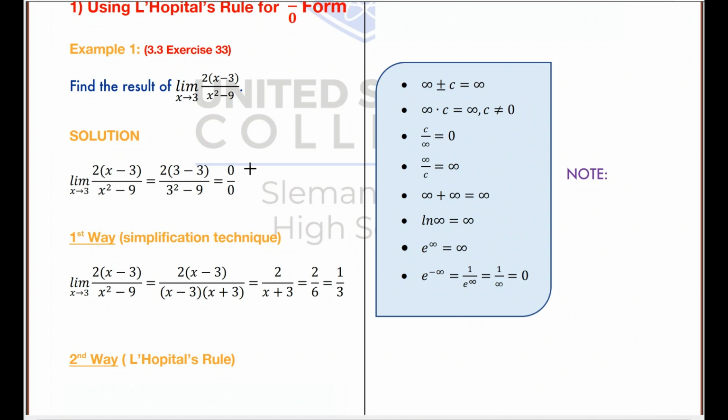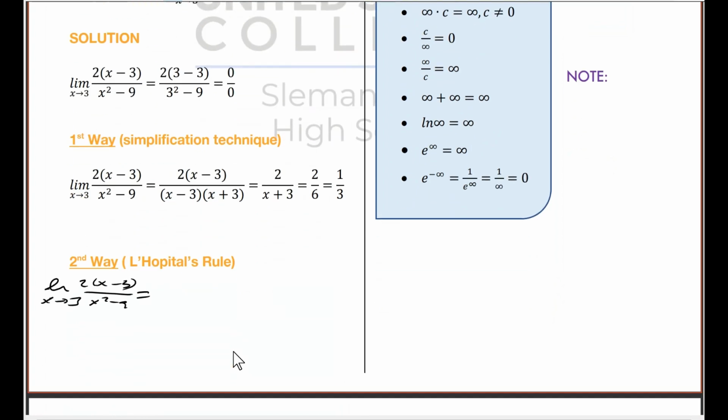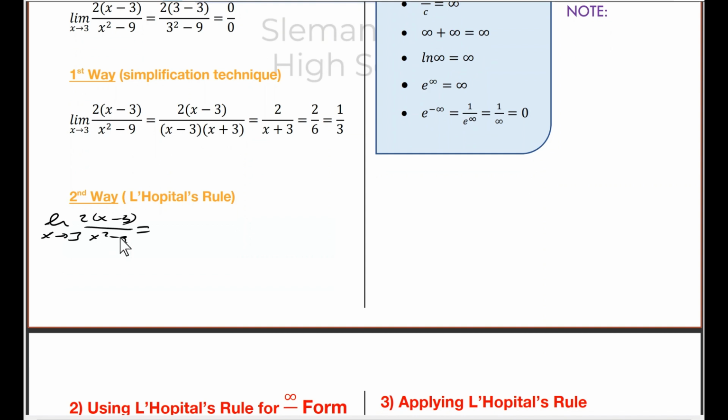Now in chapter 3, we have a much easier, simpler way. Let me show you how to apply L'Hopital's here. The limit as x approaches 3 of 2x minus 3 over x squared minus 9 is, according to L'Hopital's, the same as the limit as x approaches 3 of the derivative of top over the derivative of bottom.